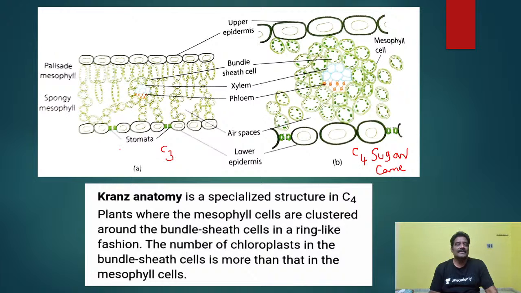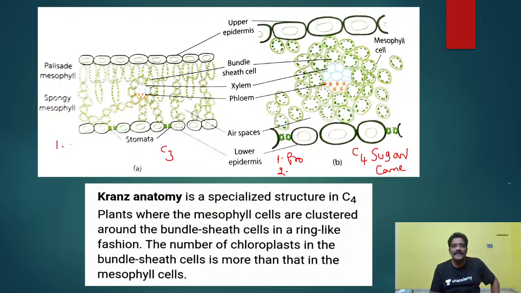The C3 pathway takes place in many of the plants. But which plants, C4 or C3, are efficient, and in which aspect? C4 plants are very efficient in productivity. They perform photosynthesis well, and the production of photosynthesis will be more.